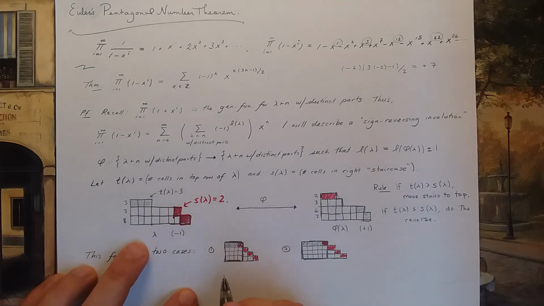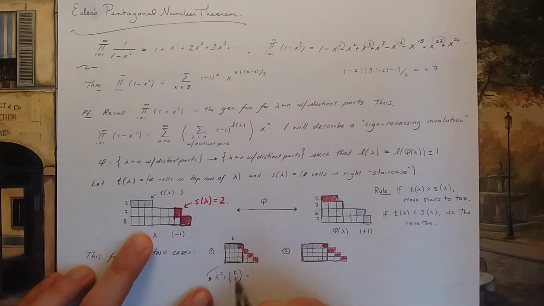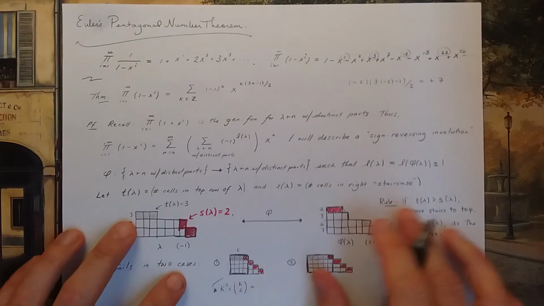So you can count in this case, if this square has side length k, then you can say that this case fails when I have k squared plus k choose 2 cells. In that case, if you simplify the fractions, if you add k squared and this term, you actually get the pentagonal number.